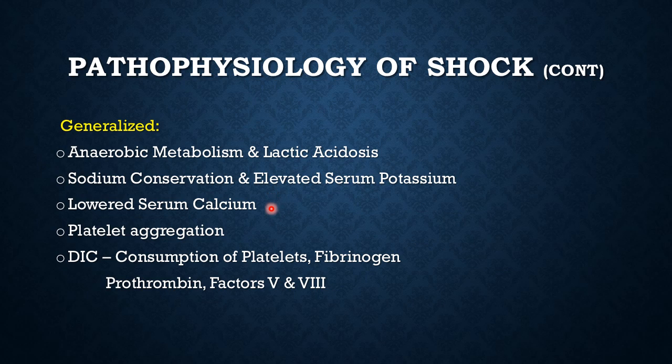There is lowered serum calcium, there is platelet aggregation and consumption of platelets, fibrinogen, prothrombin and clotting factors 5 and 8, and this ultimately leads to disseminated intravascular coagulation or a consumption coagulopathy in cases of hemorrhagic shock.